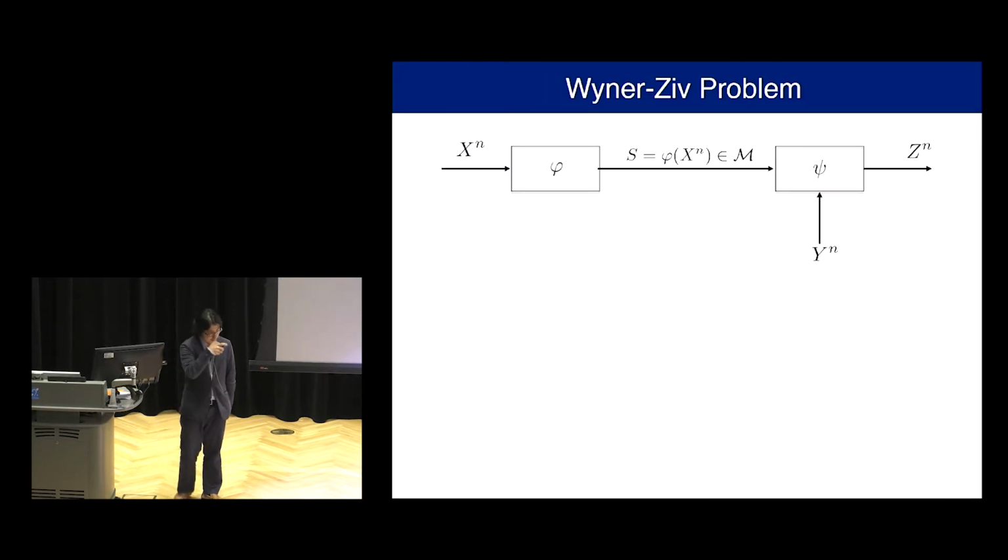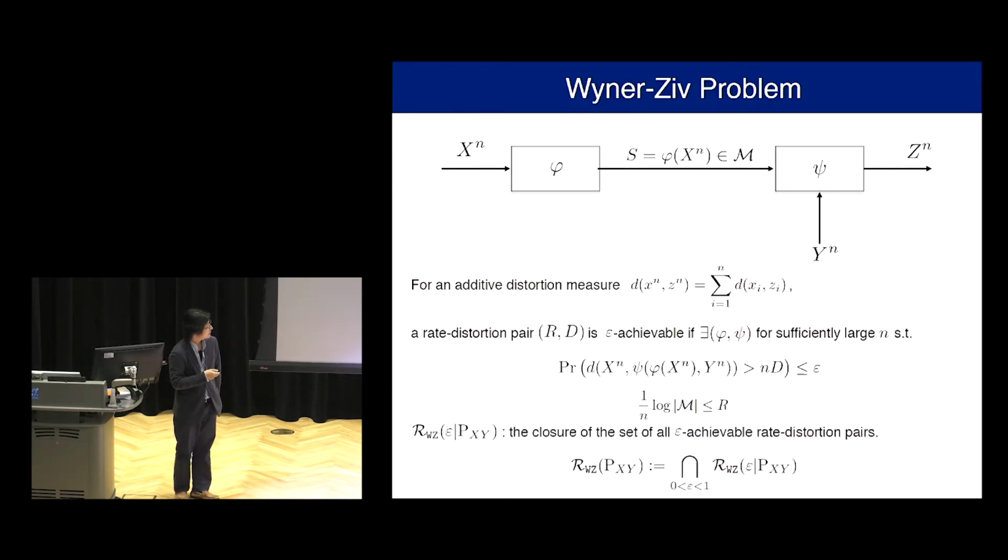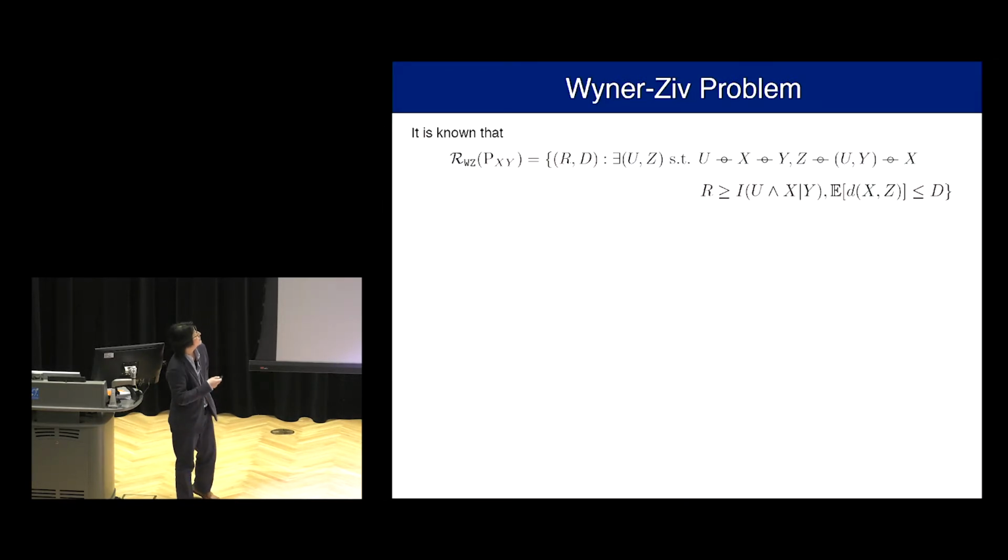Okay, so one application of our approach is the Wyner-Ziv problem described in this figure. So we have X^n and side information, and we reproduce X^n with some distortion. For an additive distortion measure, we consider this kind of excess distortion probability. The detailed definition is not important.